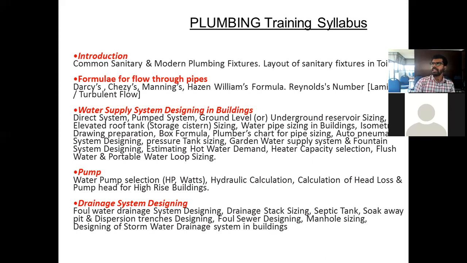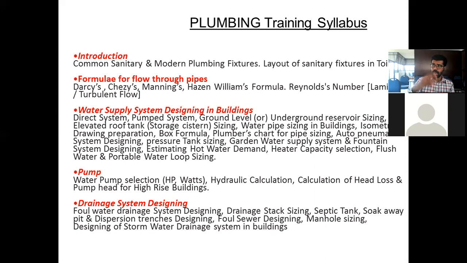So in some cases we will be using STP, sewage treatment plant, instead of a septic tank. In that case, the sewage treatment plant processes it and it will be converted into good water at the end. And that water we won't use for drinking and all. We can use it for flushing purpose, and we can use it for gardening also.